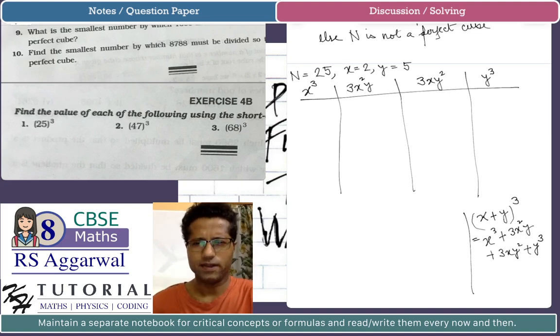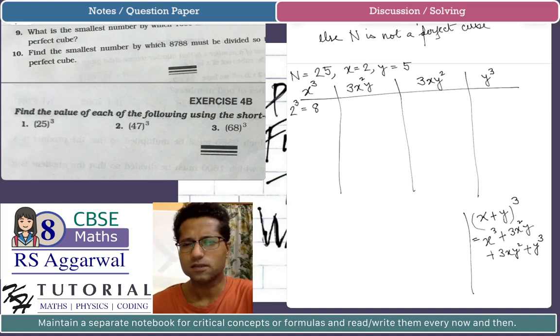We have to find x cube and write its value just below the heading. What is x cube? x is 2, so 2 cube is 8.